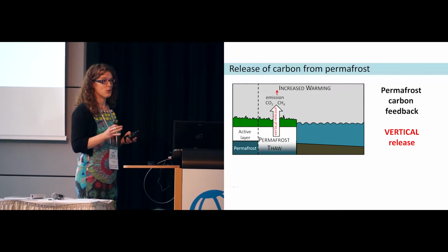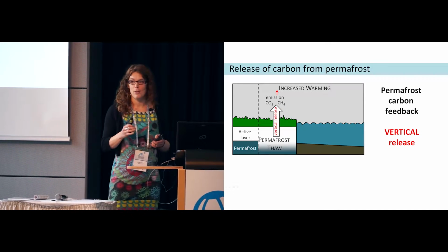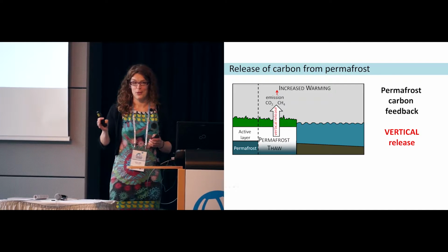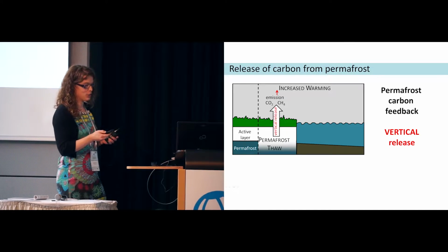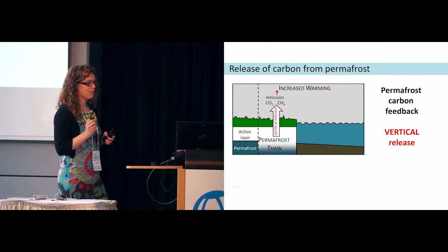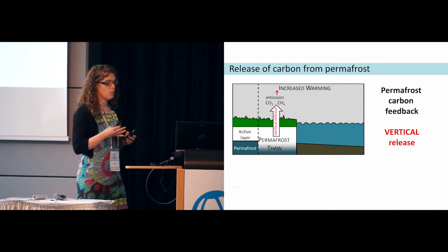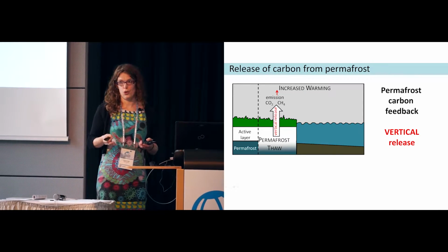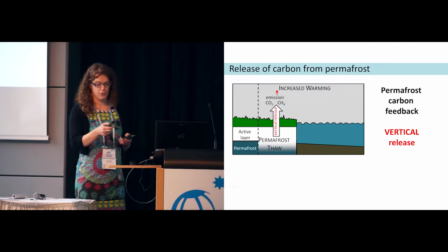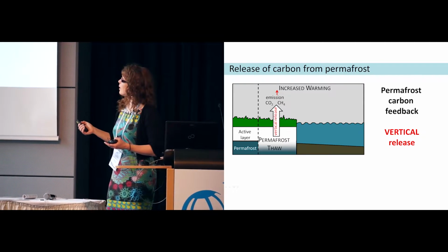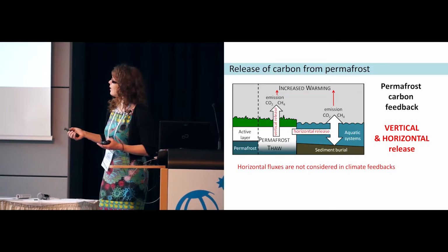I think a lot has been said this week about the permafrost carbon feedback, so I'm not going to talk about that much. But just briefly, this is normally presented as a vertical pathway. So you have, is this actually working? Right, yeah.